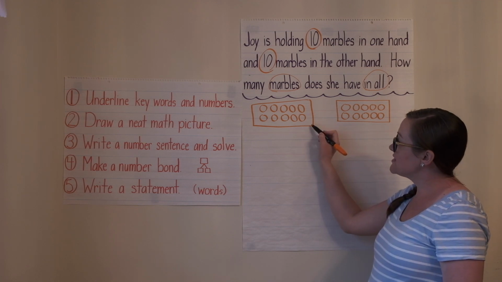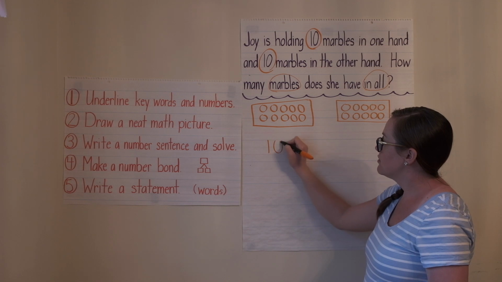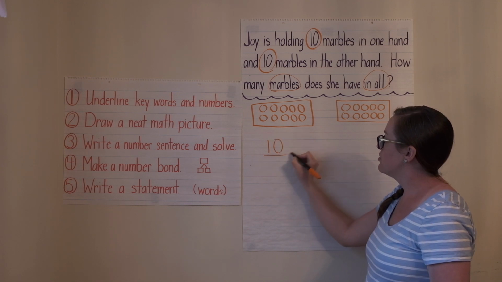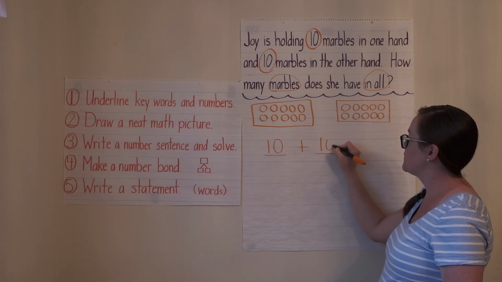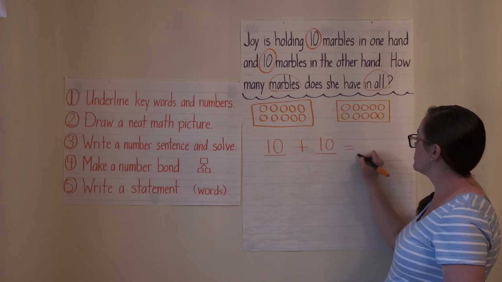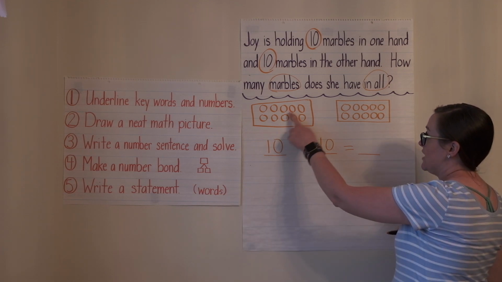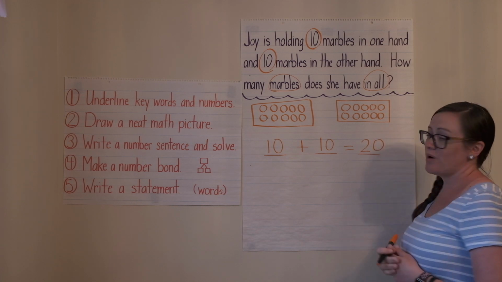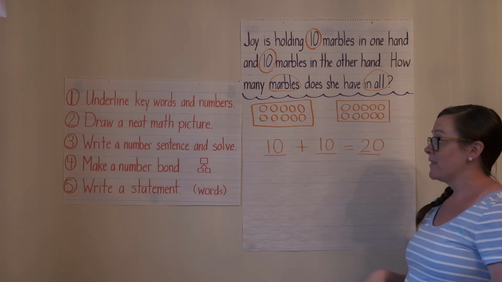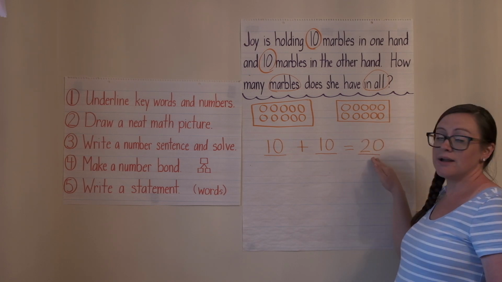So if I look on this side, I had 10 plus my other part, which was 10, equals the whole. So 10 plus 10, I can count by tens. 10, 20. So I've found that the answer is 20. So I've drawn a nice, neat math picture. I've drawn my number sentence.